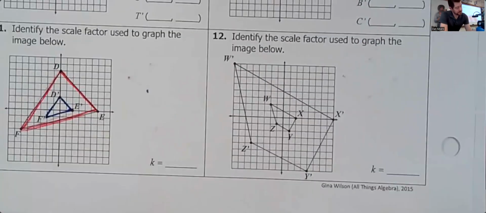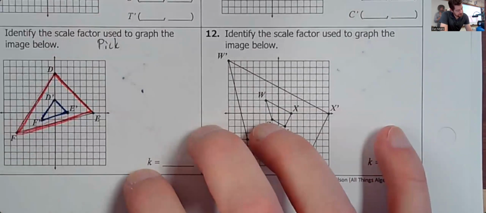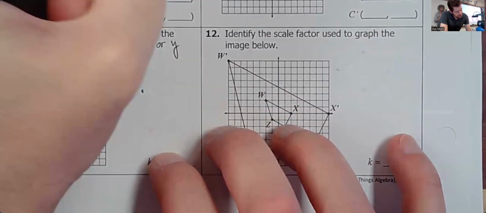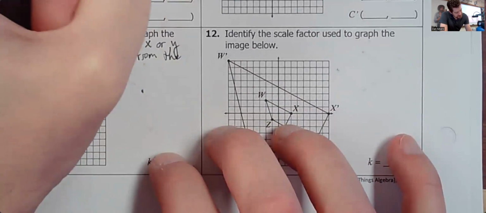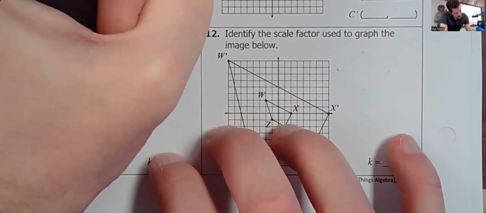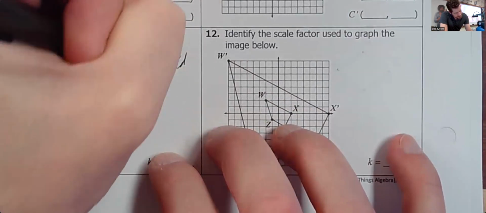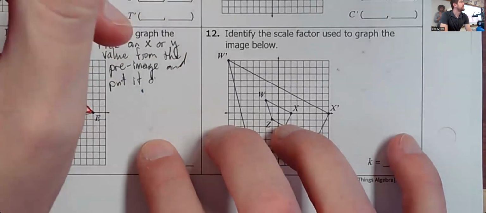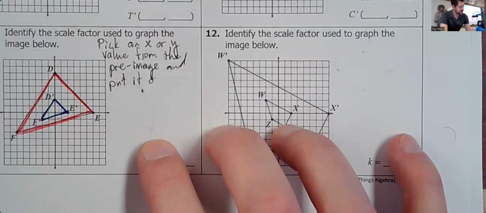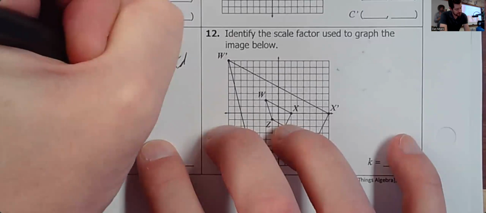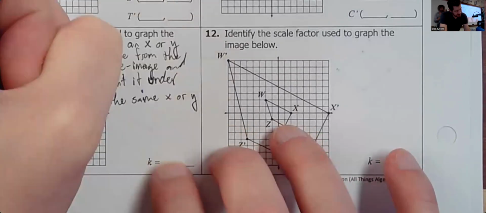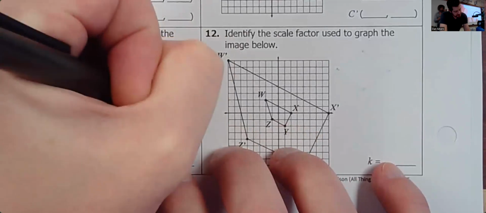All you need to do is pick an X or Y value from the pre-image and put it under the same X or Y value from the image.